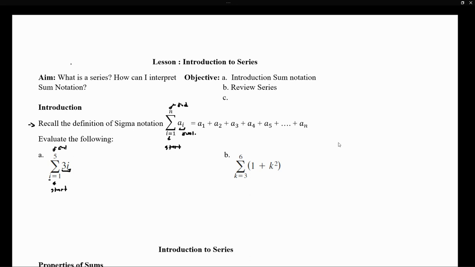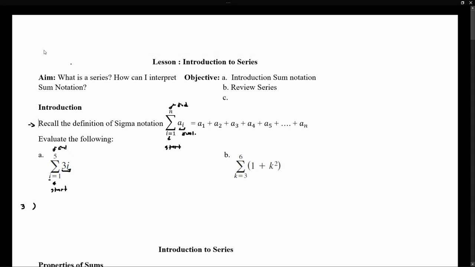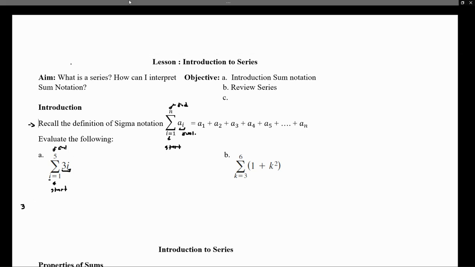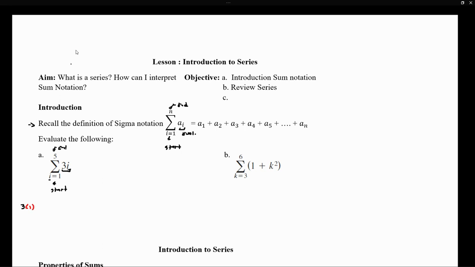So I'm going to go to my expression and substitute i to be equal to 1. This is the expression that we have in front of us, but now i is equal to 1. All we did was take our expression and substitute i equal to 1. And that's it. This is my first expression evaluated at 1.